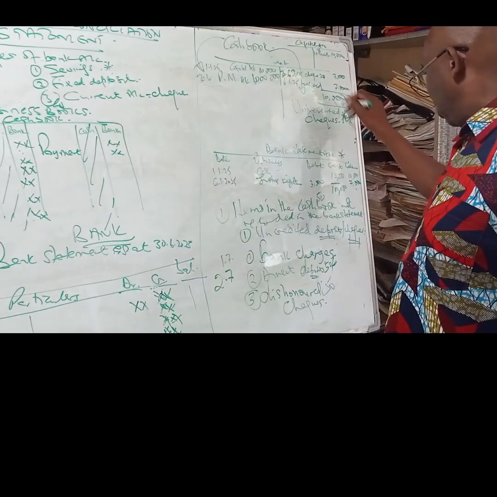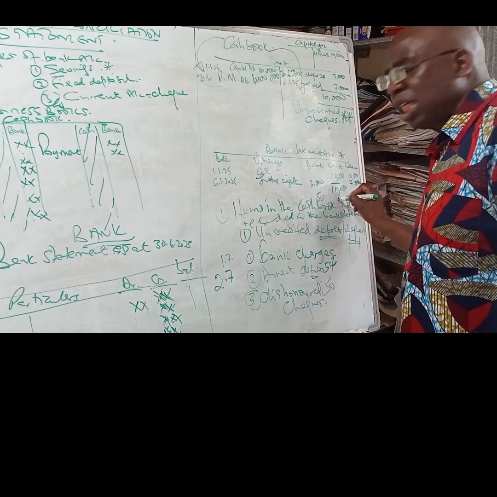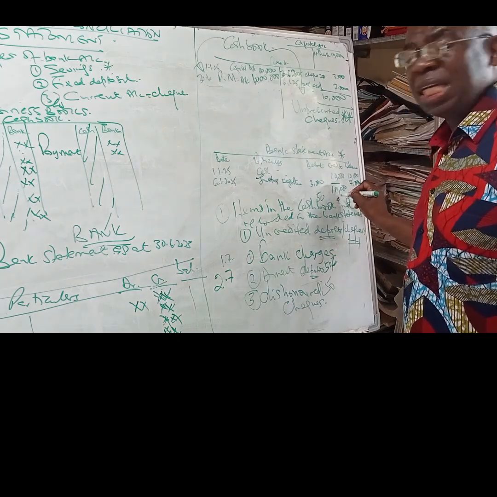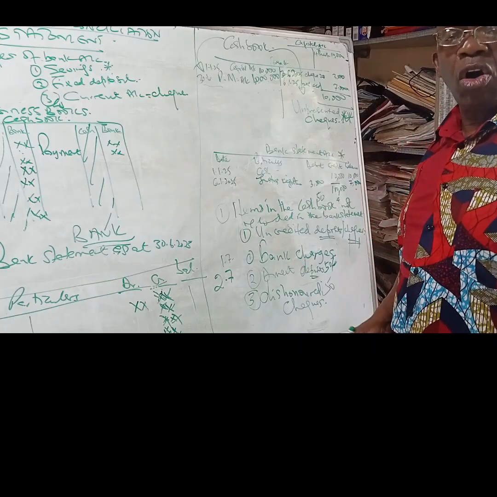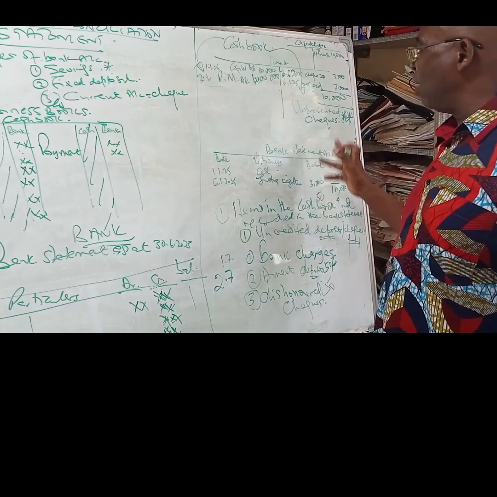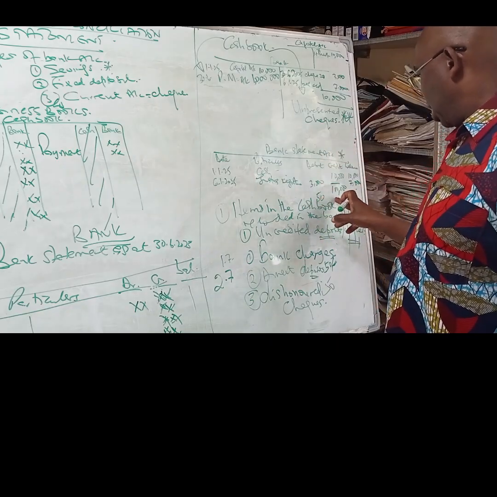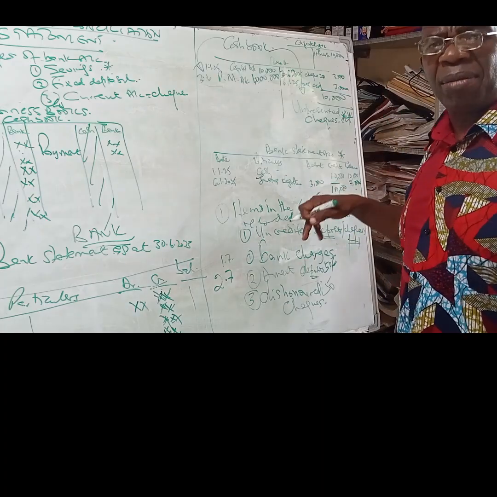And we brought the check to the bank, and in the course of processing that check, we realize the customer does not have money, or the name written on the check disagrees with our name.